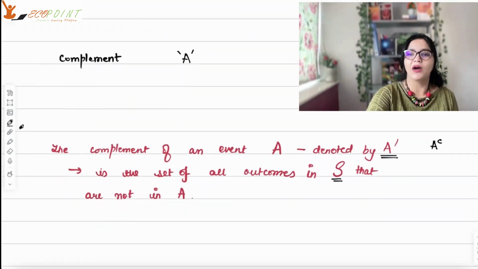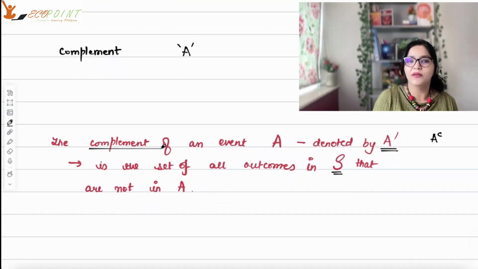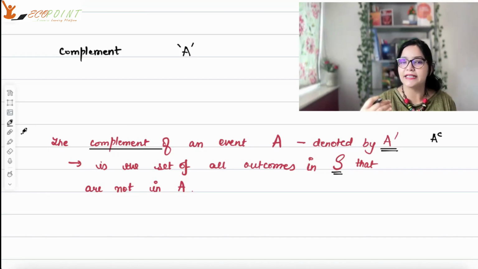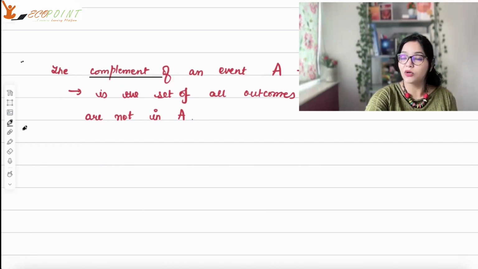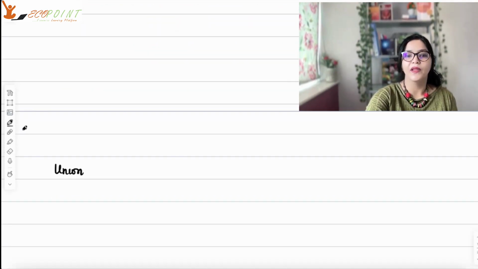So we spoke about complements, the operations. The complement of an event A, which we denote as A dash, is the set of all outcomes in S, the sample space, that are not in A. It's a very important concept when it comes to probability, the concept of complement events.